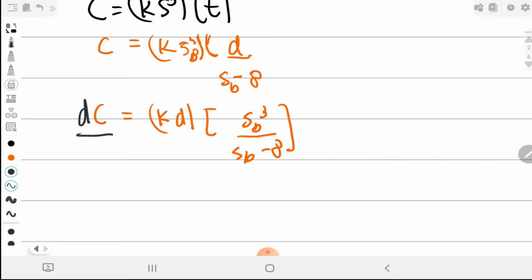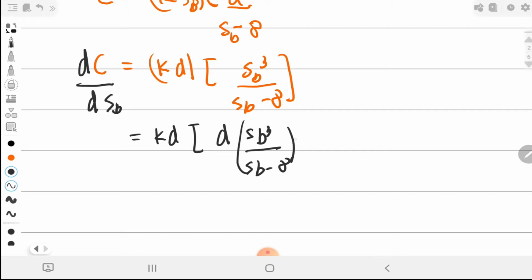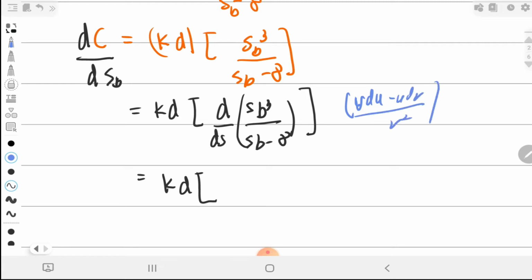So dC with respect to the speed, dSB, is equal to KD multiplied by the derivative of SB cubed over SB minus 8, with respect to S. We will use our quotient rule, which is v du less u dv all over v squared.